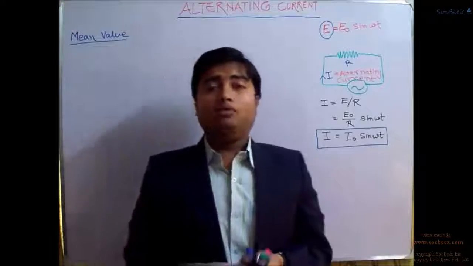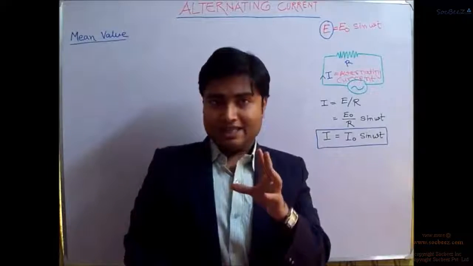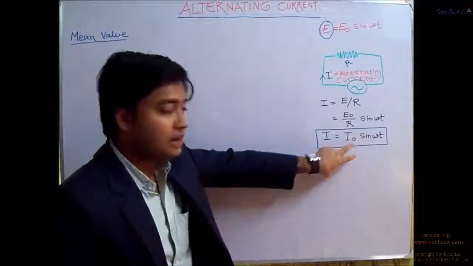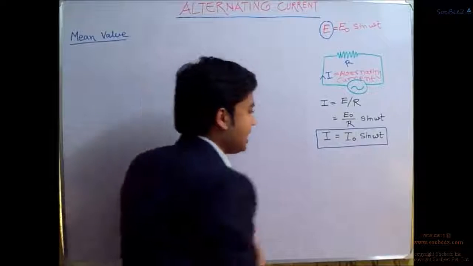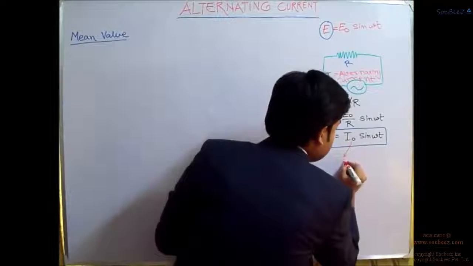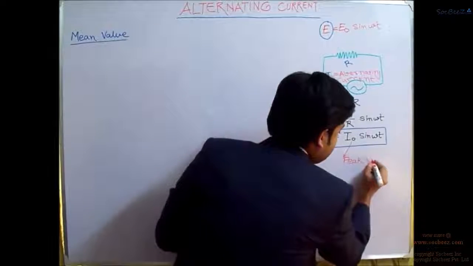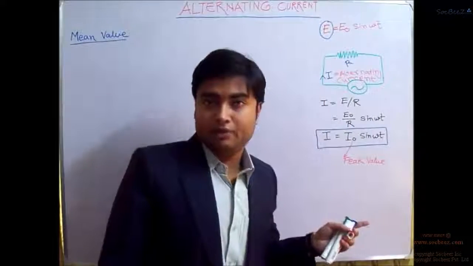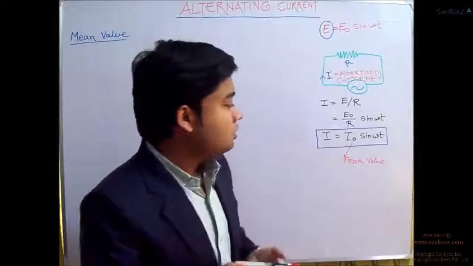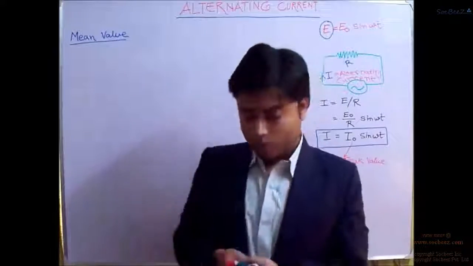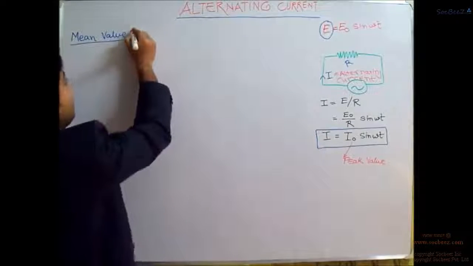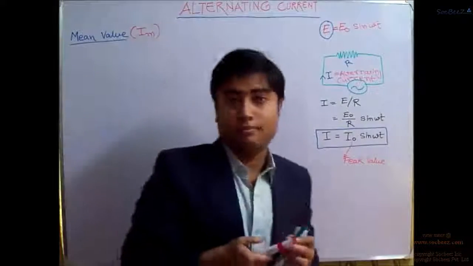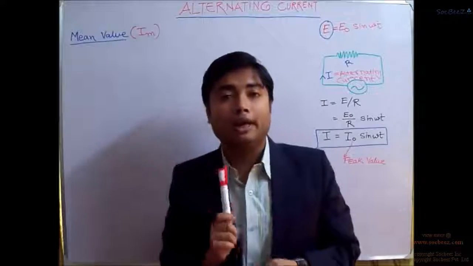See, this one is the peak value, and likewise E naught will be the peak value for the alternating EMF, right? So the mean value will be defined as I suffix m, which stands for the mean value of alternating current.